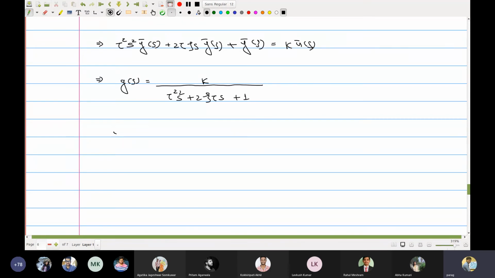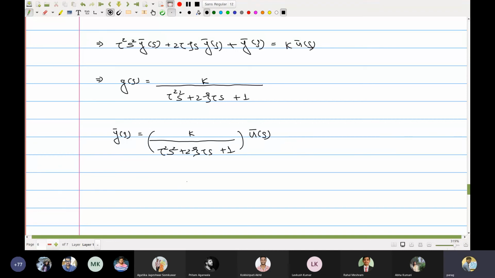So y bar of s, what's going to happen? You're going to write this as k over tau squared s squared plus 2 zeta tau s plus 1, times some function of s, which will be u of s, right?